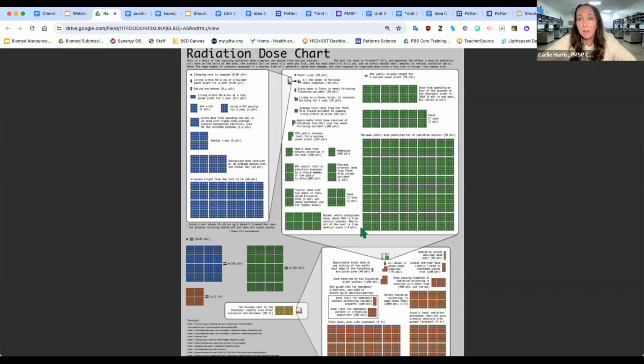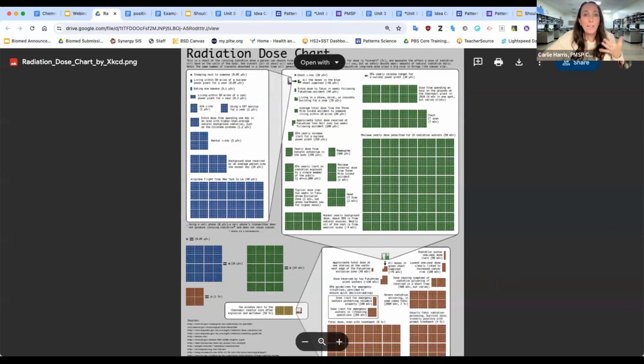How much radiation might they be exposed to, whether it's on a daily basis, a yearly basis, or maybe even in their lifetime, if you want to do a longer calculation. This does a little bit of a juxtaposition: there's positive uses to radiation, and also, okay, we are exposed to radiation, right? So yeah, this is a pretty good one.